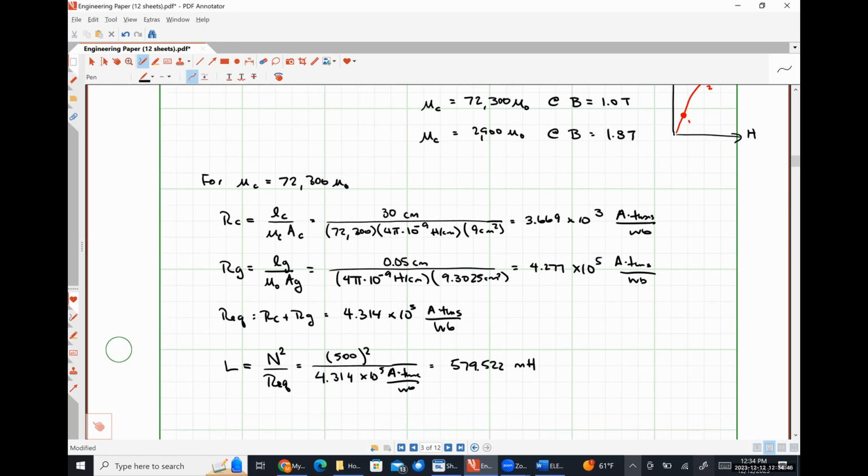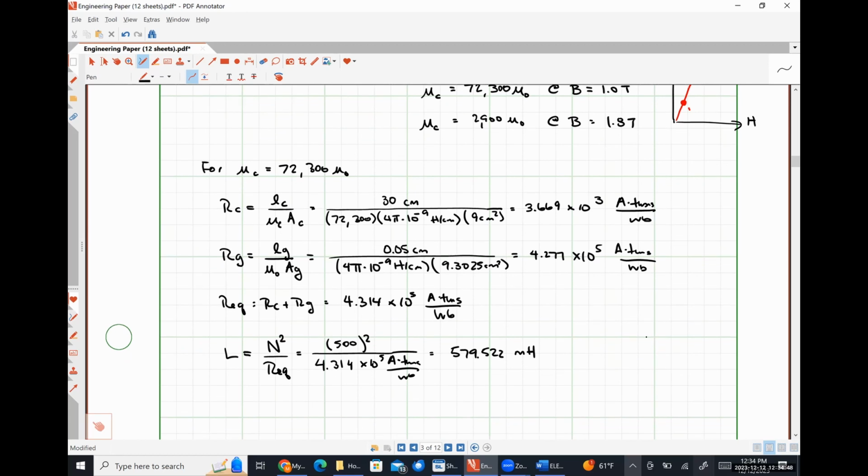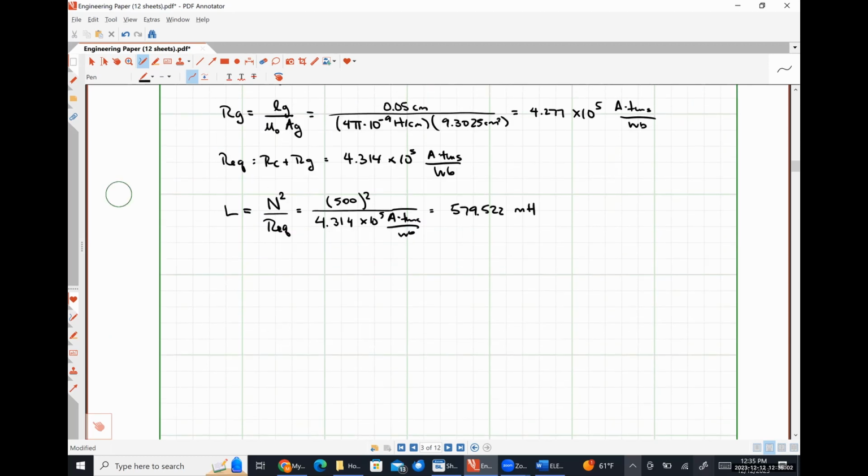Okay. Now we're going to solve the exact same relationships using mu C equal to 2900 mu naught. So that's a reduction in our core permeability of a factor of roughly 25. So 25 times smaller permeability.